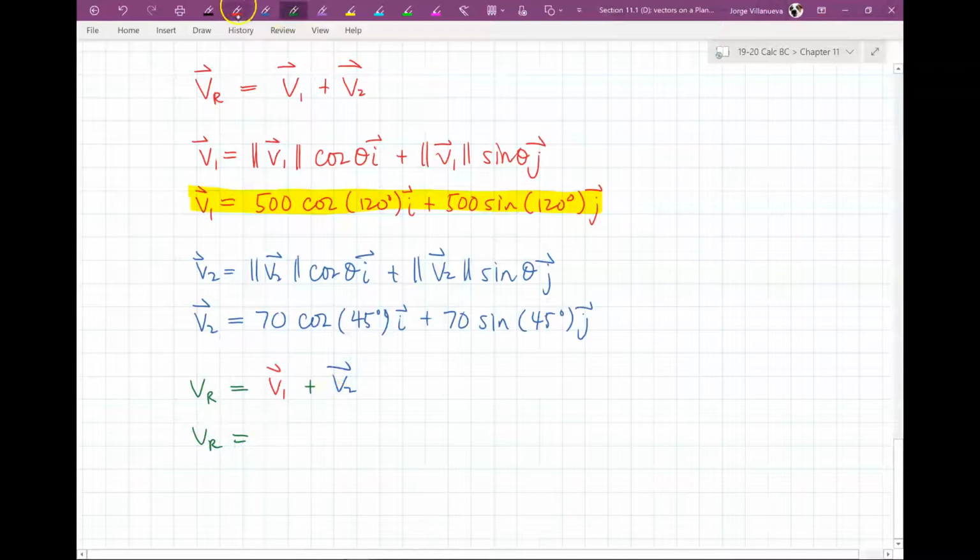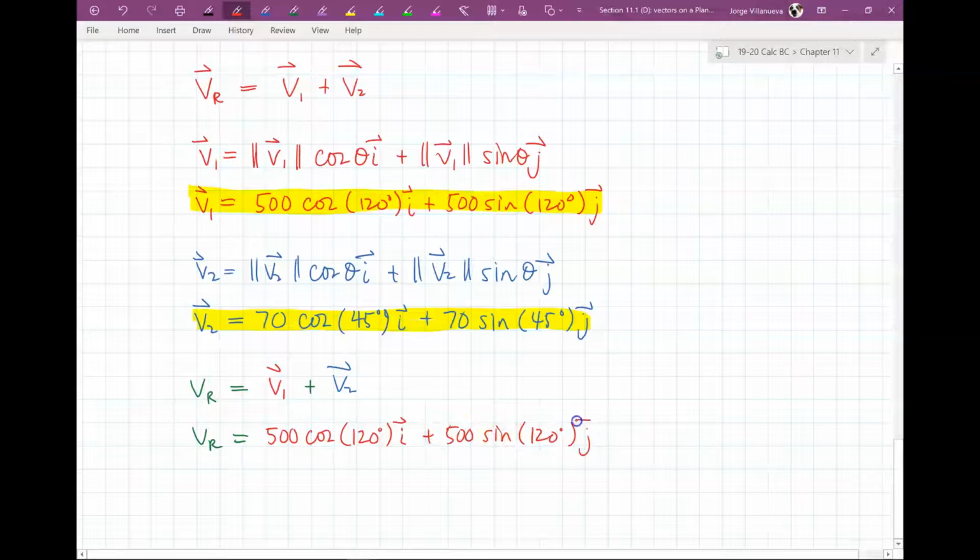So V sub r is V sub 1, which is 500 cosine of 120 degrees i plus 500 sine of 120 degrees j, then plus we have our wind, so it's 70 cosine of 45 degrees i plus 70 sine of 45 degrees j. That's what we're adding up.